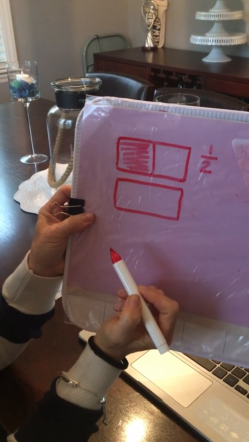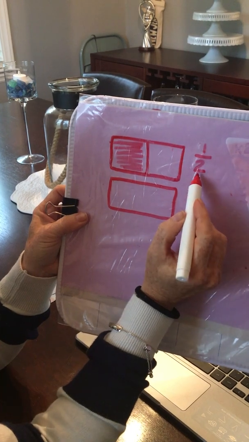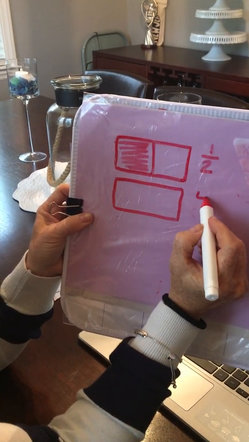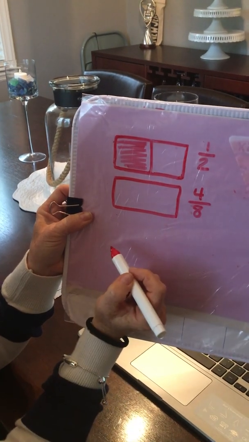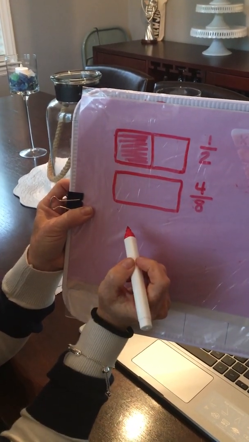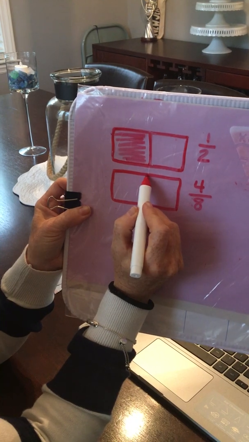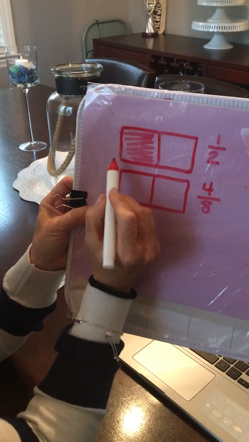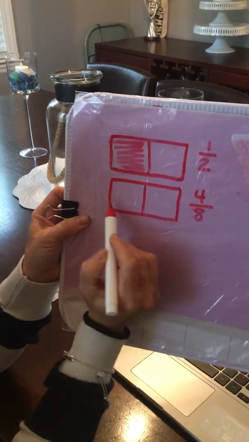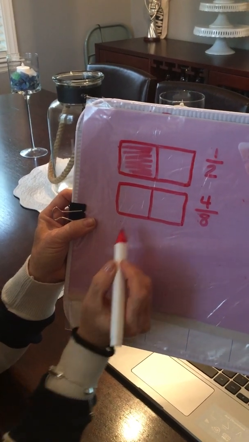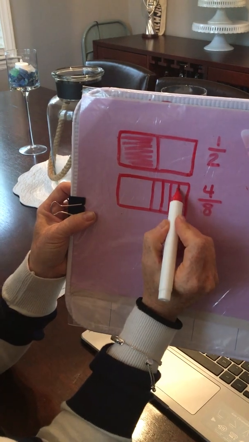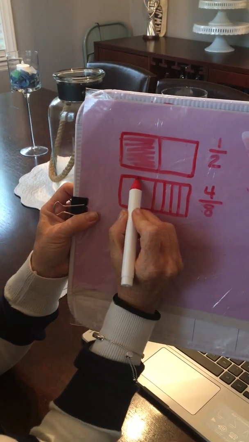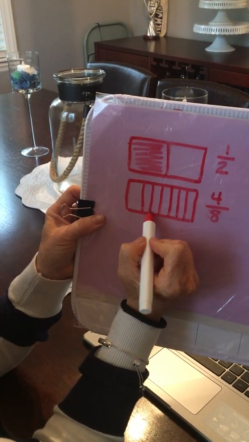And I know that 1/2, 1 is half of 2, and 4 is half of 8. So I can also say that 4/8 is equivalent to 1/2. As long as I'm drawing pictures where the shape is exactly the same size, I can compare to figure out. So I can put this into 4 sections and this into 4 equal sections.